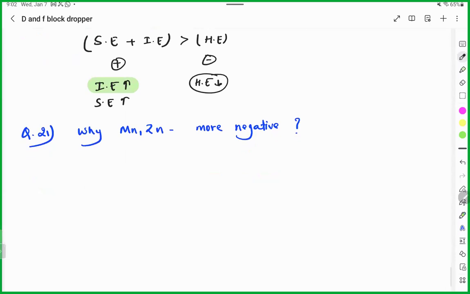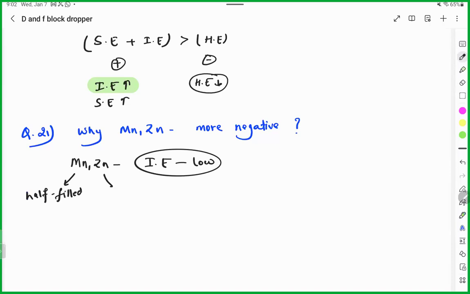It is more negative because in case of manganese and zinc, your ionization enthalpy is low. Why? Because +2 is highly stable. In case of manganese, it is half filled, highly stable. In case of zinc, full filled is highly stable. So if it is highly stable, ionization enthalpy will be low. If ionization enthalpy is low, then it will be more negative because hydration enthalpy overall will be more.